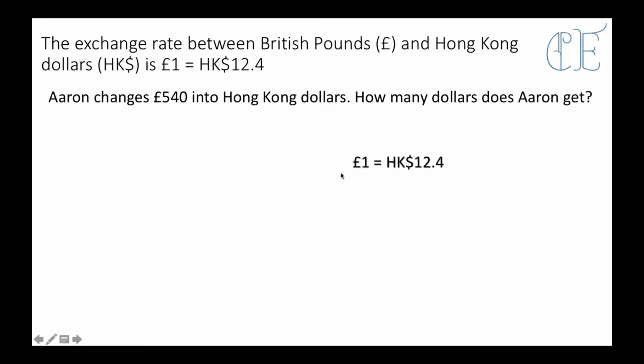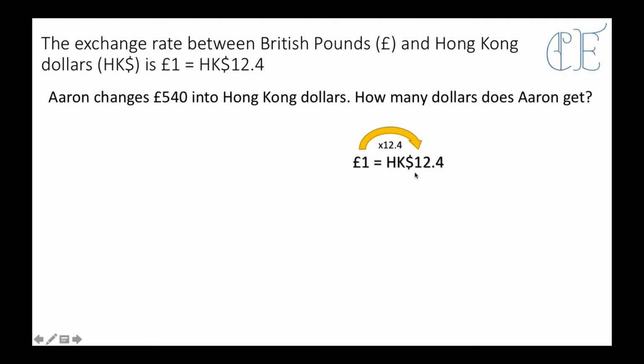So what I like to do here is write out my exchange rate and write down what I'm going to do. I'm in pounds. I have £540. This is my exchange rate, and if I'm in pounds and want to go to dollars, my arrow must go that way, and I must times by the exchange rate. I must times by this 12.4. There's no point timesing by this because you just get 1 times 1, same answer.